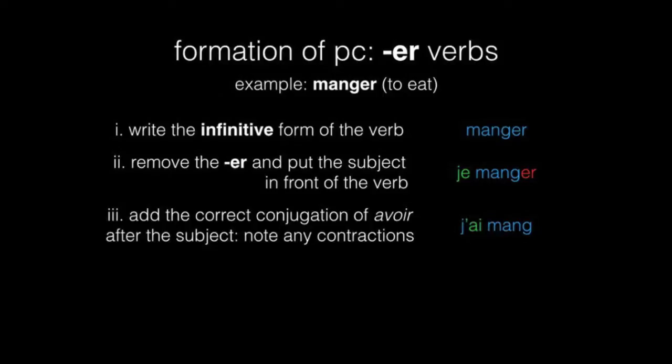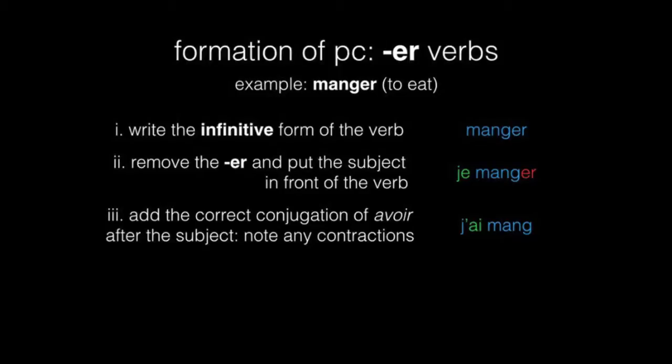Step 3. Add the correct conjugation of avoir after the subject. Note any contractions. I'm assuming that you already know the conjugations for avoir, but if you don't, you can always search that up on another site. But in the case for je, the conjugation is a, and that means that there should be a contraction.